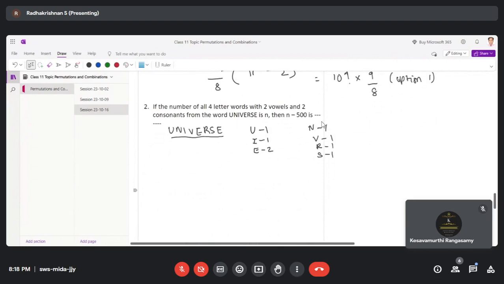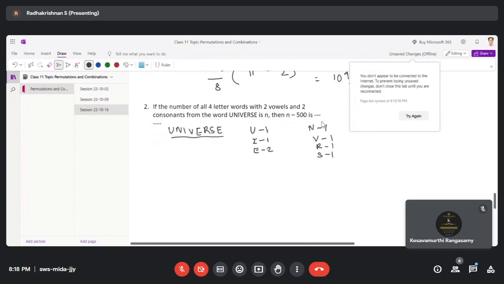Is it matching? Totally how many letters? 1, 2, 3, 4, 5, 6, 7, 8. There are 4 consonants and 4 vowels, but among the vowels there is a repetition. E is appearing 2 times. So that is the only tricky part here.